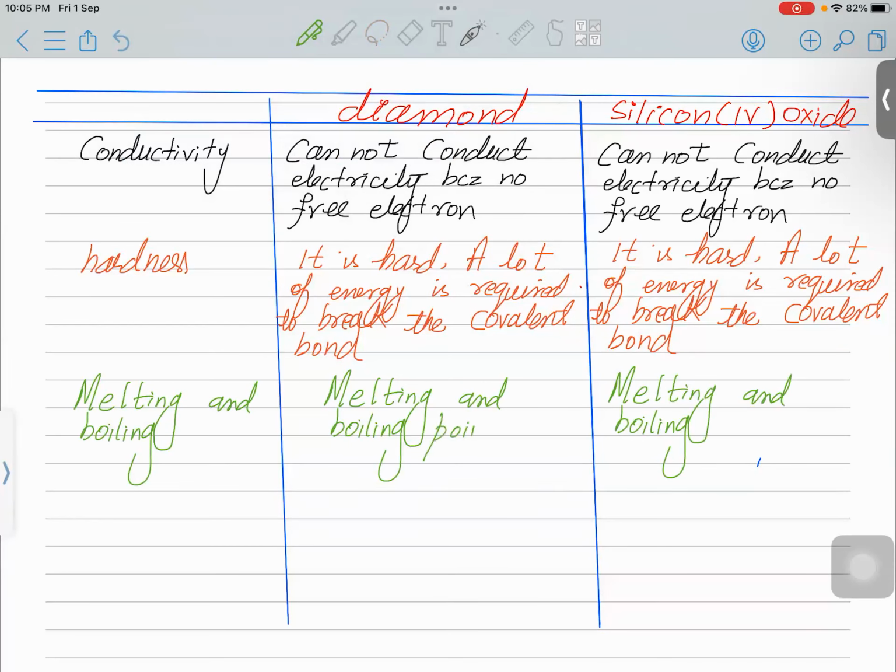Melting and boiling points are high. The reason is the same: throughout the structure, covalent bonding.